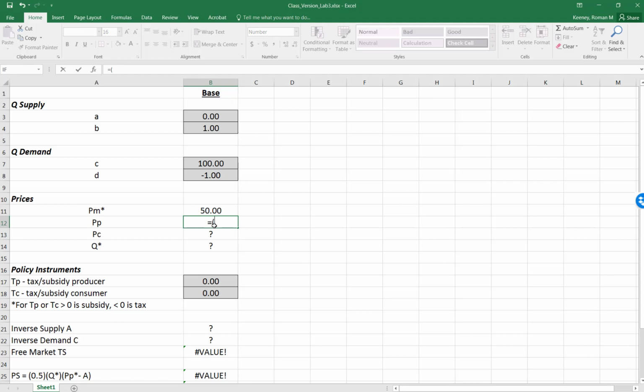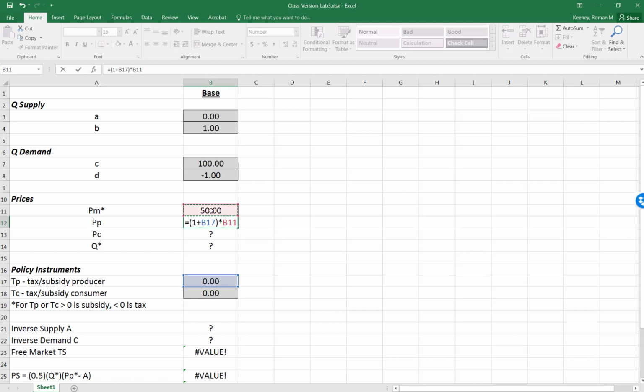Remember how we treated this: I put an open parenthesis, 1 is required, and then we're going to add that to the producer tax or subsidy rate, close the parentheses, and then put the multiplication operator there, the asterisk, and then we'll multiply it by the market price.